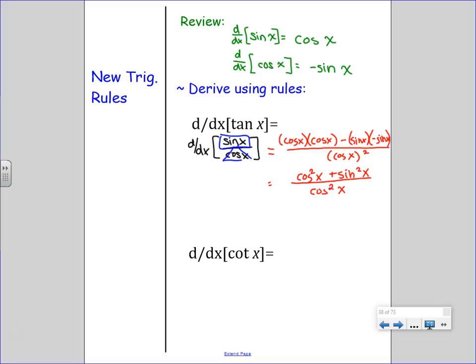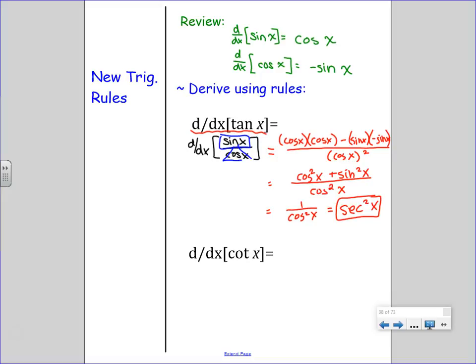Cosine squared plus sine squared is 1. Oh my goodness, it's nicer than I thought. Oh my goodness, 1 over cosine squared is the exact same thing as? Who's the derivative of tangent? Secant squared of x. Why? Because secant is 1 over cosine. Since cosine is being squared, so is secant.